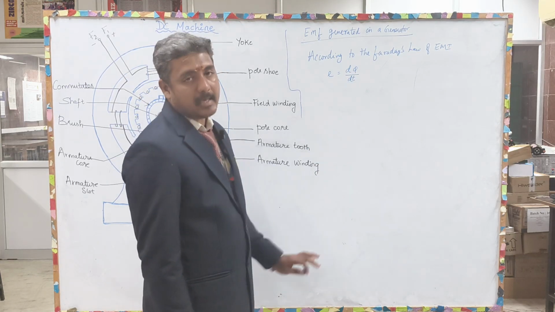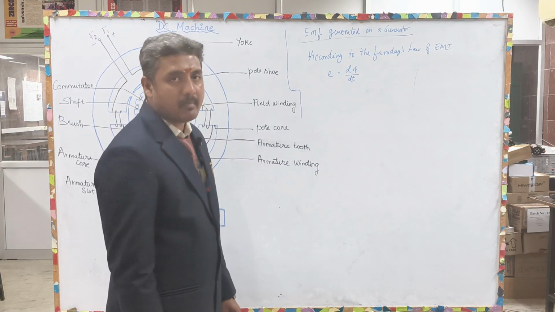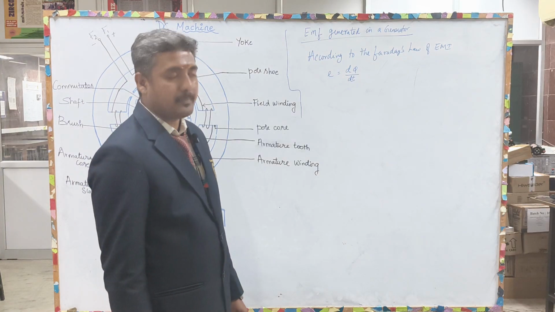Here, for a simple calculation of the EG, we are going to take one revolution of the armature conductor.